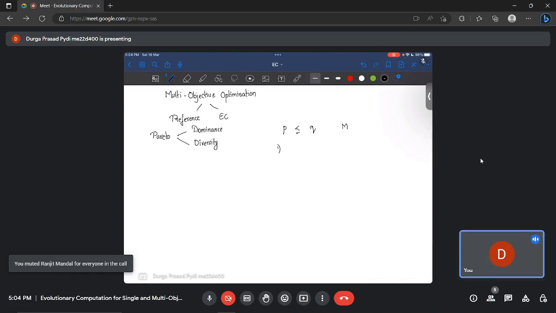So if you want to compare two solutions to check for dominance, essentially for each of the objective functions, say if you have M objective functions, we need the value of P to be no worse than the value of Q. Essentially, objective F1 calculated for P should be less than or equal to F1 calculated for Q, and this should be true for any objective function you are taking.